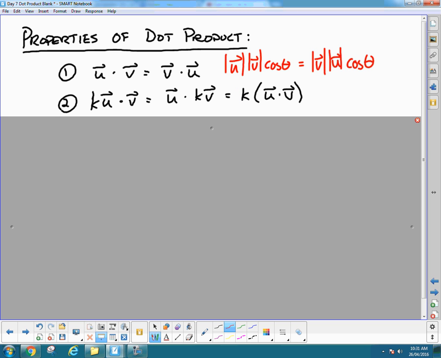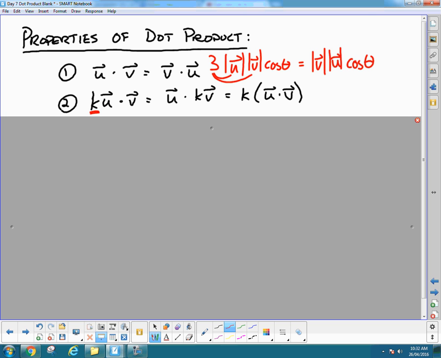The second one talks about what happens when you have a scalar multiple. So in this case, the scalar multiple is some k value. If you think back to the first day of vectors, we said if we had something like a vector u and then I asked you to draw 3u, it would just be a vector that is 3 times bigger. So when you have a scalar of 3, that 3 can actually be multiplied anywhere in this operation. You can multiply the 3 with the u, or you can multiply the 3 with the v, or whatever.